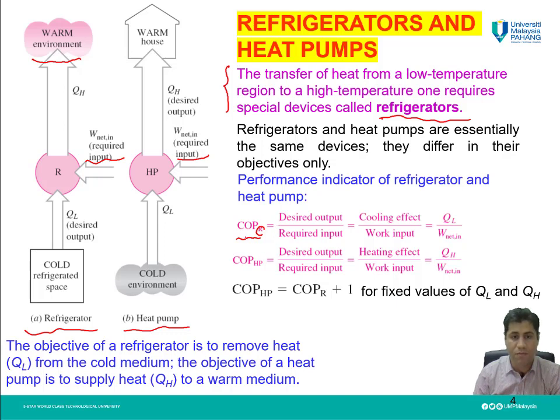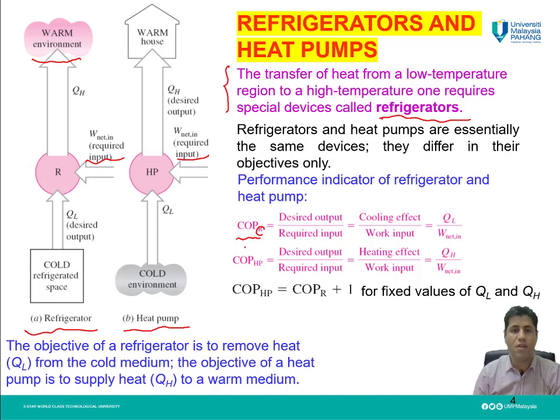In both of them, the COP is something similar to the thermal efficiency. If you remember, we had the thermal efficiency term for different types of heat engines, but for refrigerators and heat pumps, we have COP, or coefficient of performance.